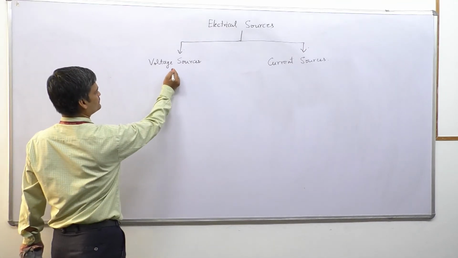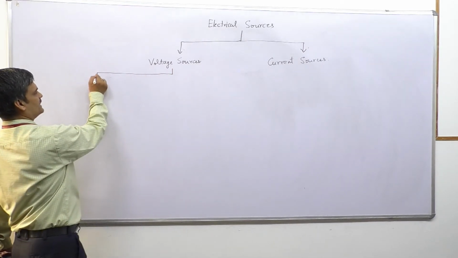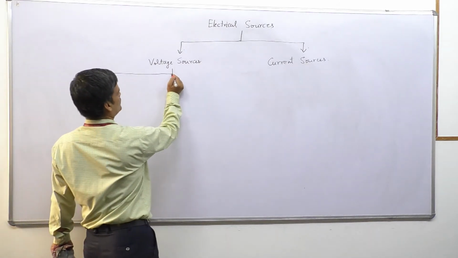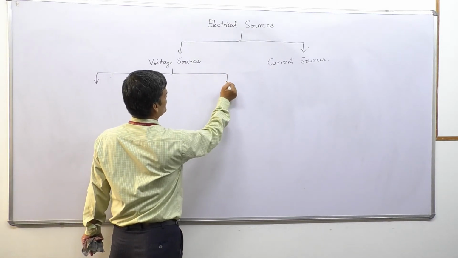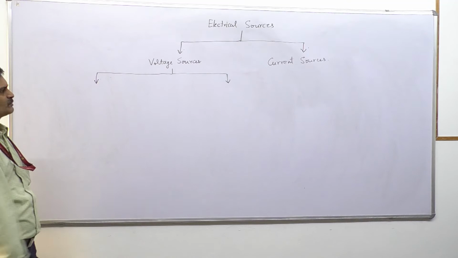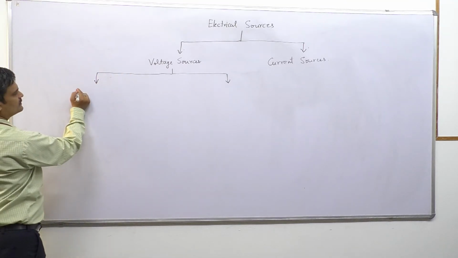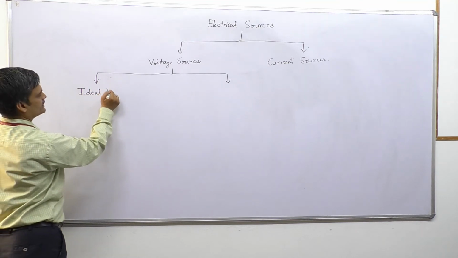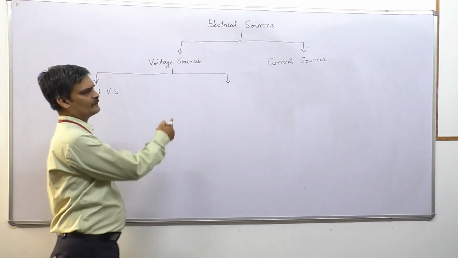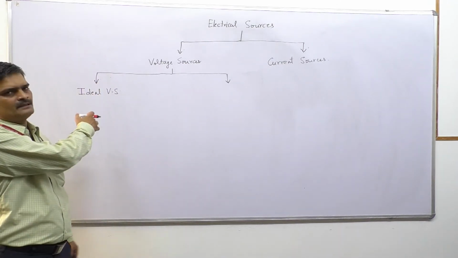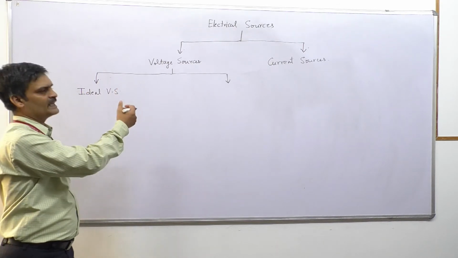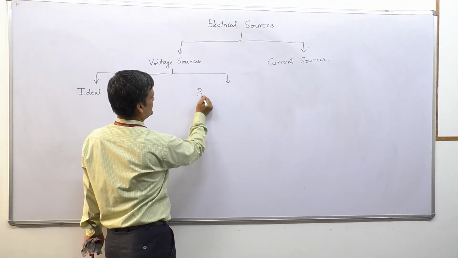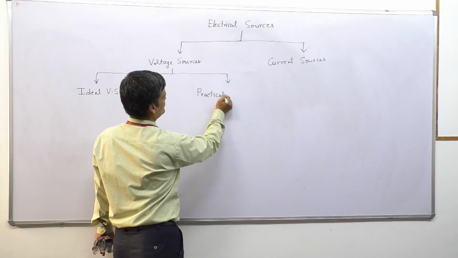Then further, whenever we analyze some system, we always try to keep the things as simple as possible by assuming the system to be an ideal one. So the further classification is ideal voltage source. Then when we have the knowledge of ideal components, we expand our analysis towards the practical system. So next classification is practical voltage sources.